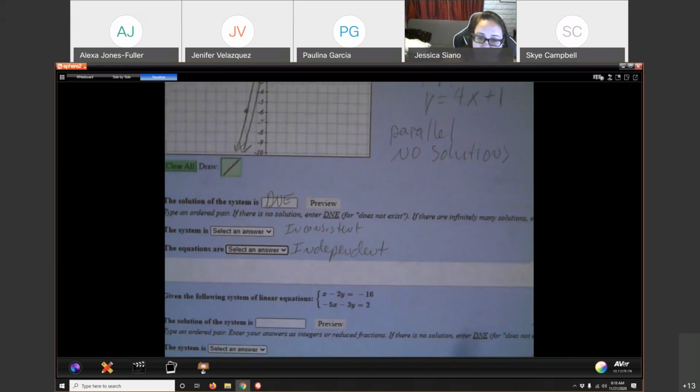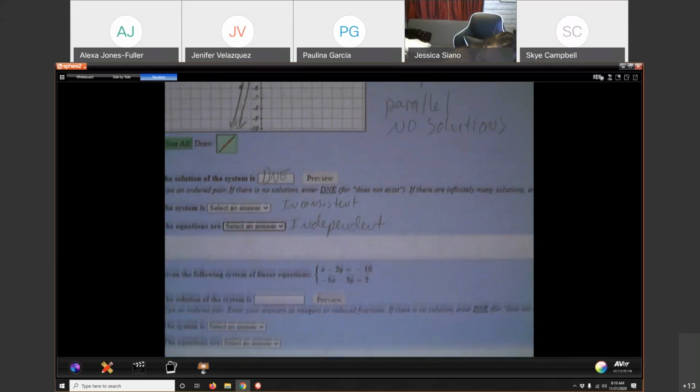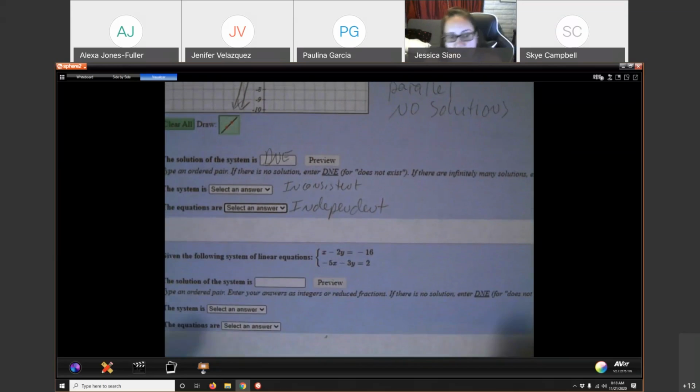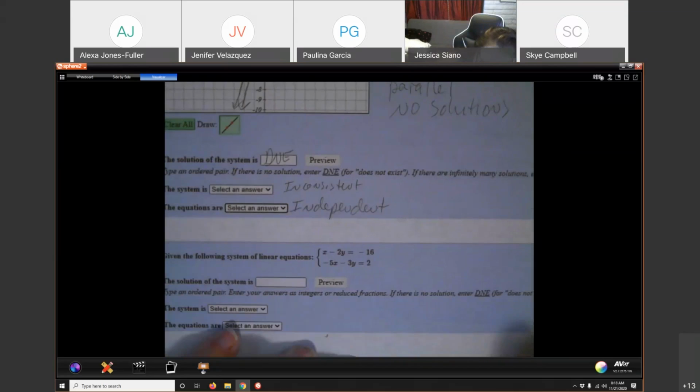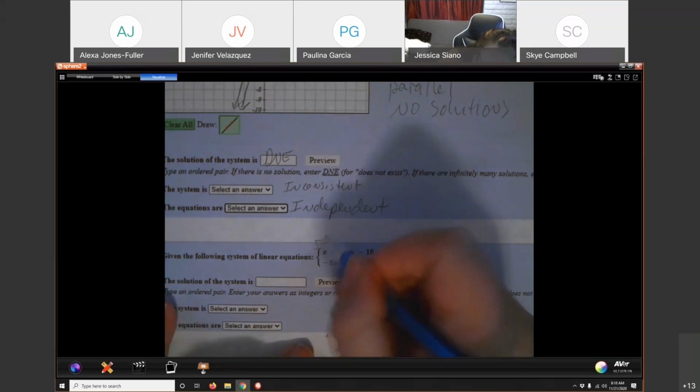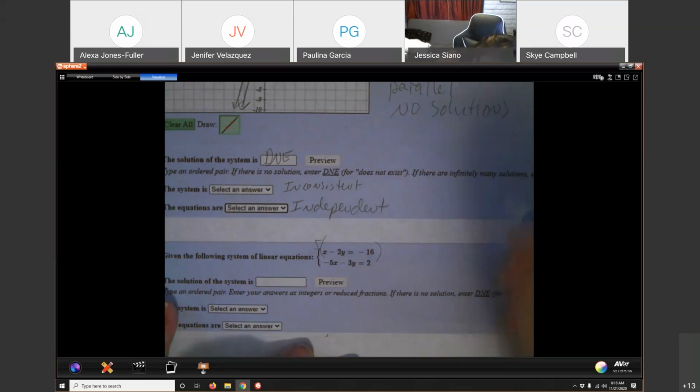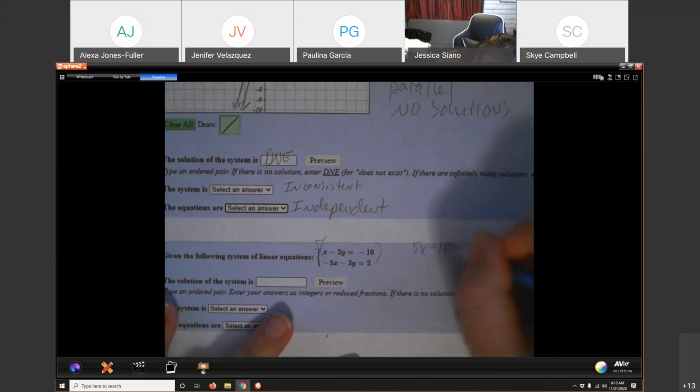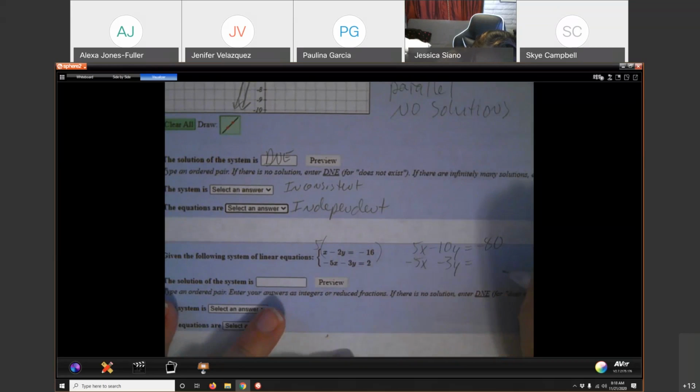Okay. I did the last one in the calculator because the numbers were vague and annoying. I'll do this one by hand. So if we multiply this top equation by 5, we can eliminate my x's. So that would be 5x minus 10y equals negative 80. Negative 5x minus 3y equals 2 still.